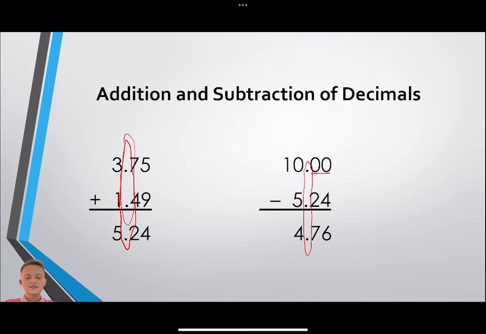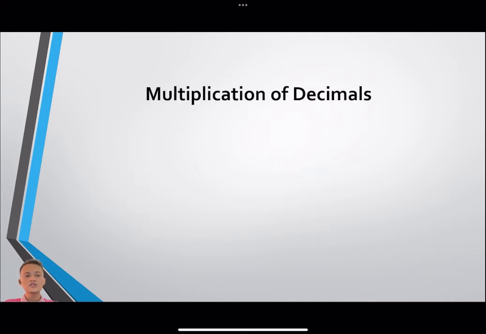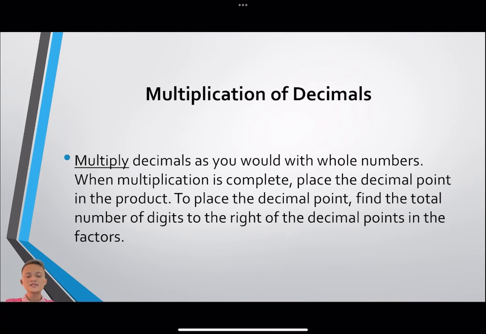Next is the multiplication of decimals. Now, multiply decimals as you would with whole numbers. When multiplication is complete, place the decimal point in the product. To place the decimal point, find the total number of digits to the right of the decimal points in the factors.